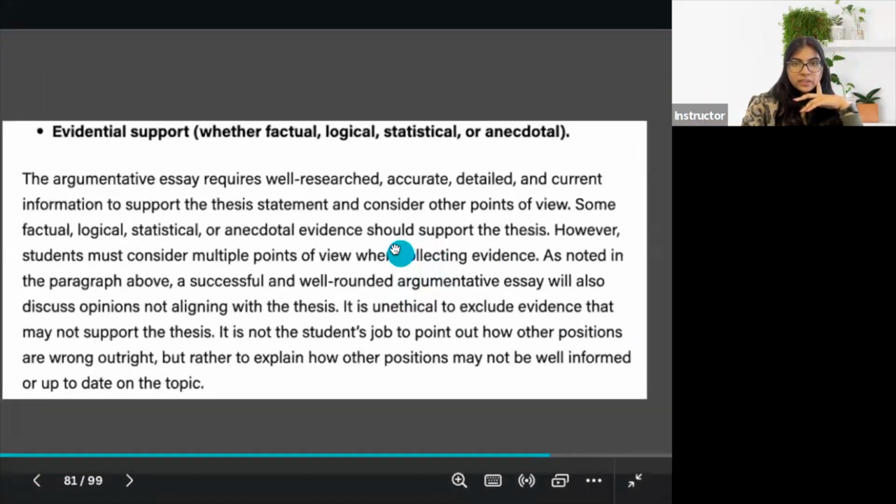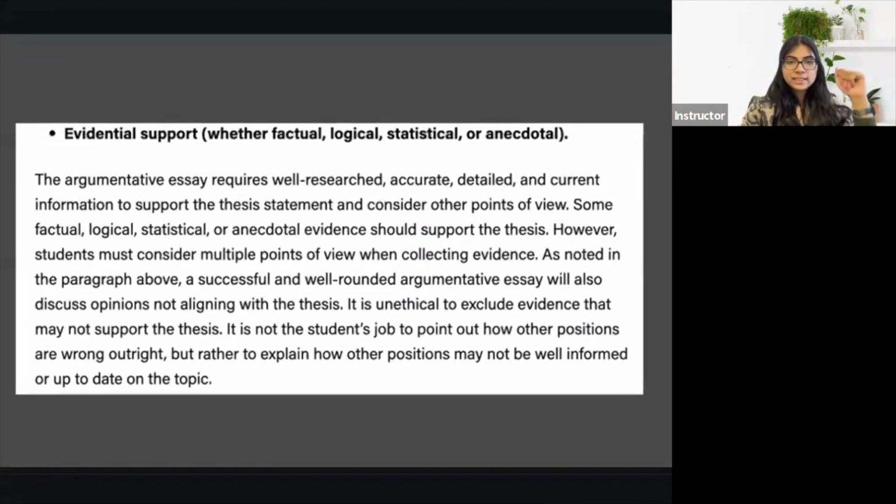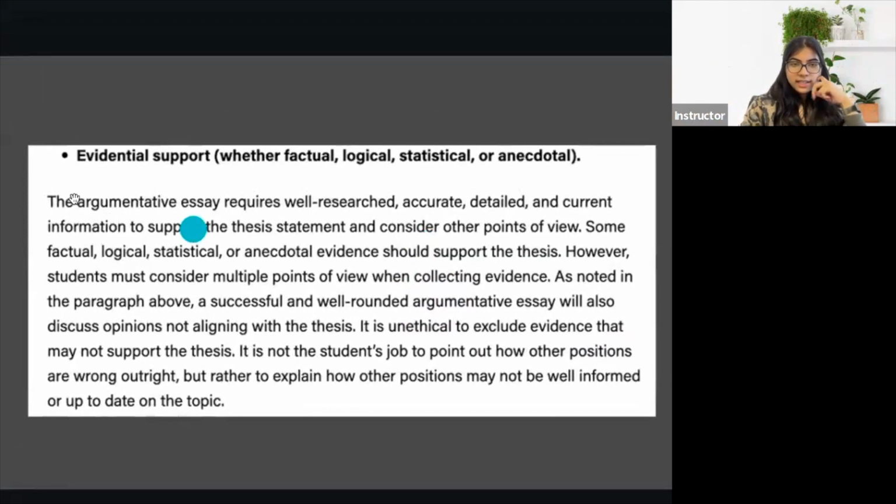Okay, so we all understand that 1 paragraph has 1 main argument, right? Okay, good. And then evidential support. The argumentative essay requires well-researched, accurate, detailed, and current information to support the thesis statement and consider other points of view.